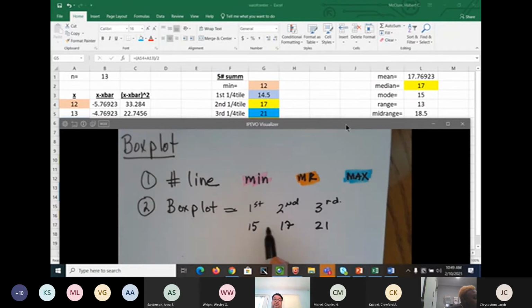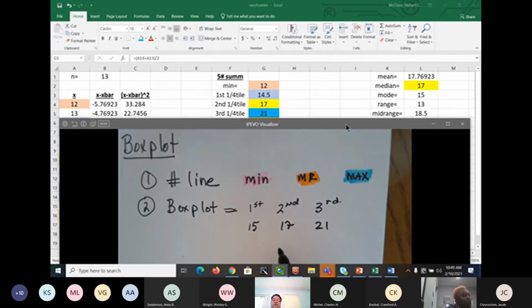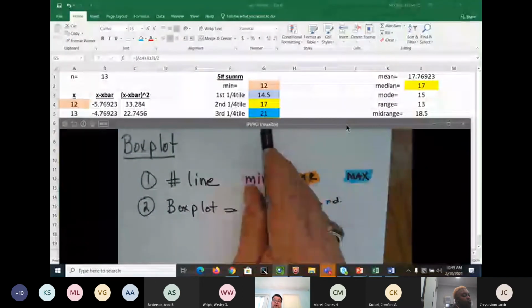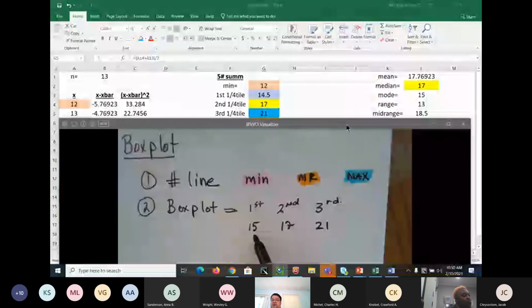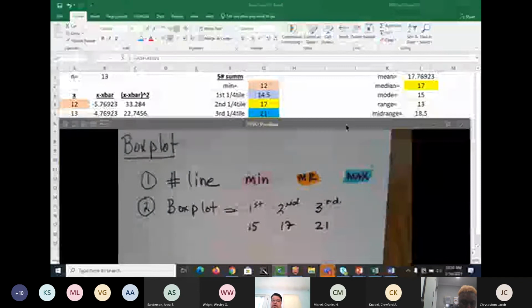So I take my numbers and I round them up so I don't have to use a calculator while I'm teaching. So 15, 17, and 21. You would actually put 14.5 right here if they ask you for the first quartile. Okay, always use your decimals unless you're teaching and then you just round up.